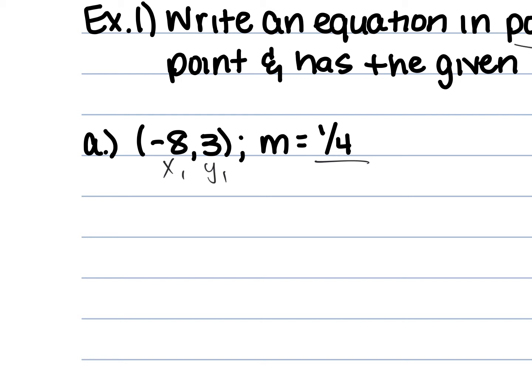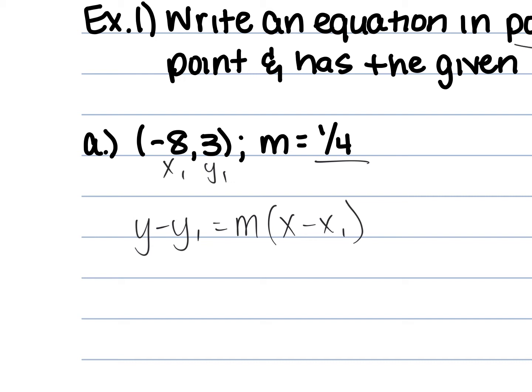Now, for the first two examples, I'm going to write the equation every time so we can get a visual of where we're plugging stuff into. The equation is y minus y1 equals m times x minus x1. And we have every single value except for x and y, okay? So we're just going to plug those in.